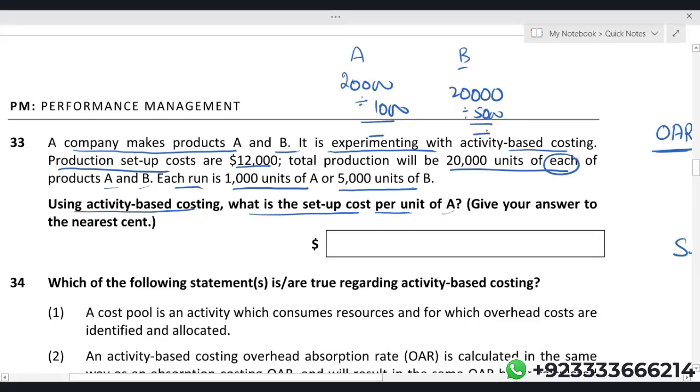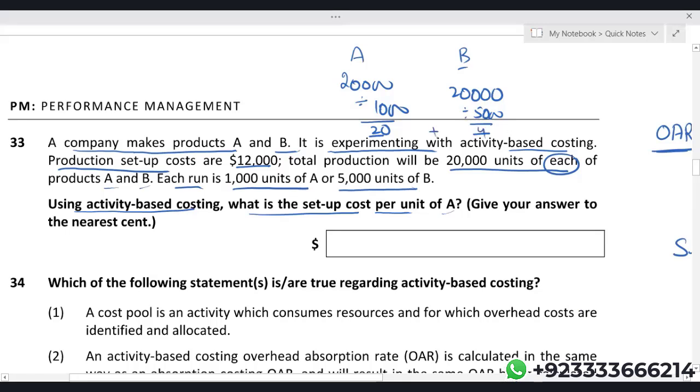So let's do it. 20,000 divided by 1,000 gives us 20, because after each run you have to bear the setup cost. 20,000 divided by 5,000 gives us 4.